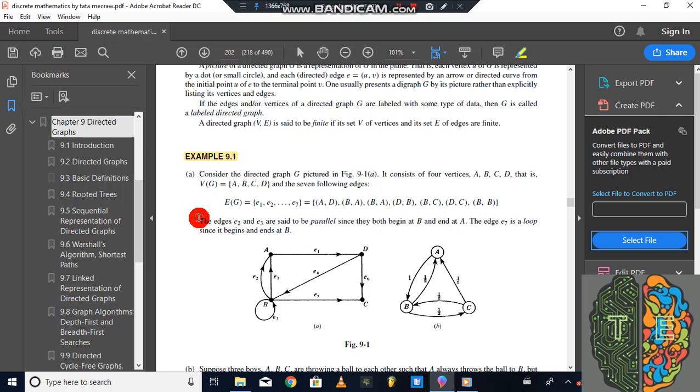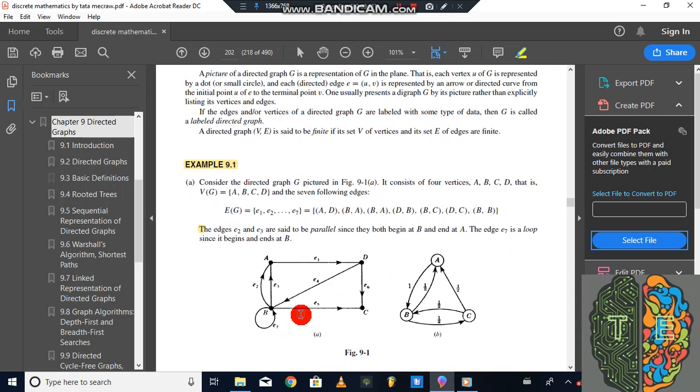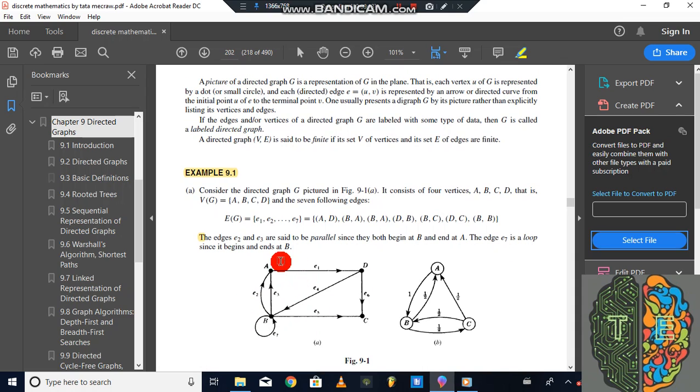Here is some terminology: e2 and e3 are said to be parallel. Why? You can see these two edges are traveling in the same direction. And e7 is the self loop. I already told you, this is the self loop. So this is a little bit of introduction about the directed graph.